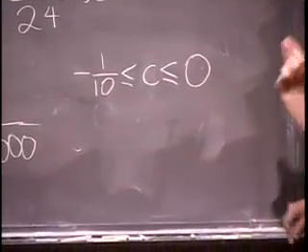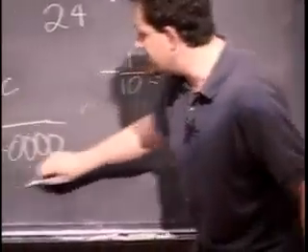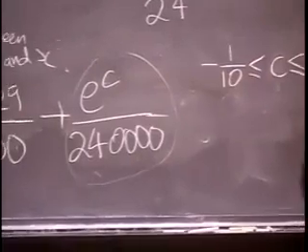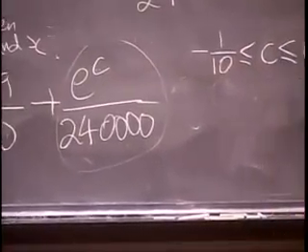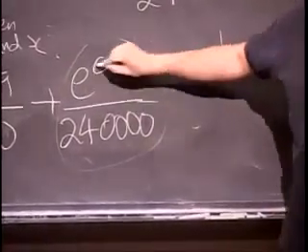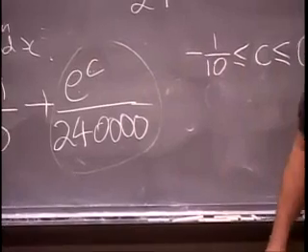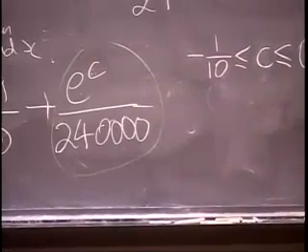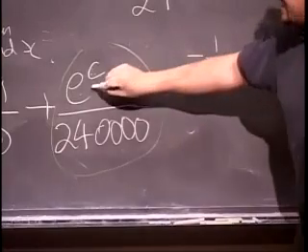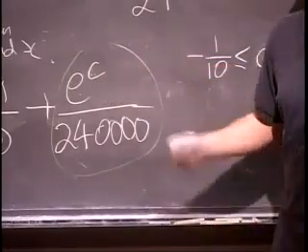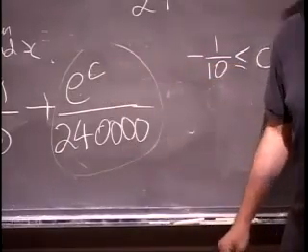So I've got some idea of what's going on because c can only be between minus a tenth and 0. In particular, how large could e to the c be? It could be no more than 1, because when c is less than 0, this is actually a little less than 1. Is it still taping? Okay, good.